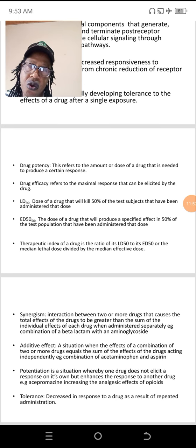This is due to chronic receptor desensitization, and in tolerance, a higher dose is now required to produce a previous response that was being achieved or elicited by a lower dose or concentration of the drug.